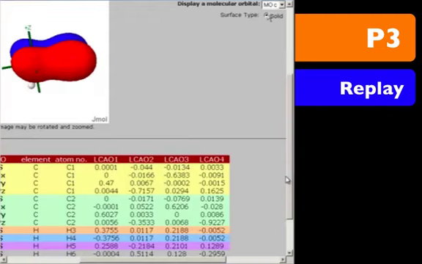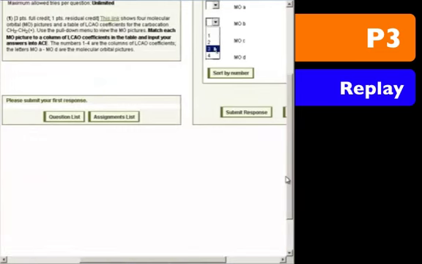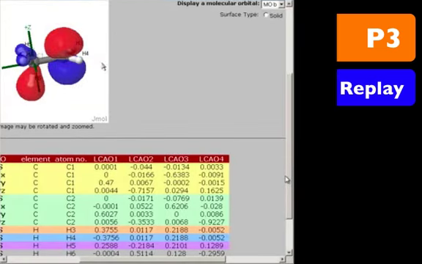Sort of hard to tell what he's seeing at the moment. But he's gone ahead and chosen LCAO 3 for molecular orbital B, which is the one we're looking at here. Let's see where he goes from here.